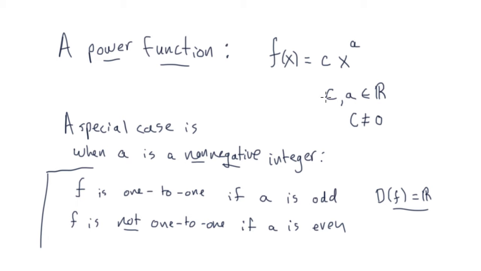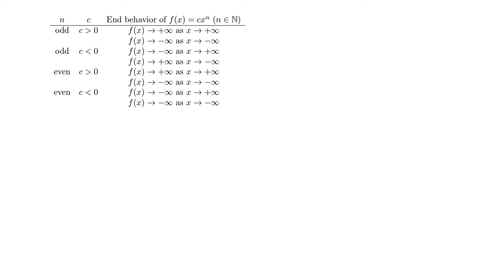But next, we want to talk again in this special case of power functions about what's called the end behavior of the power functions. Okay, so notice that I have this nice table here, and I want to pick up just a couple of things that we're assuming.